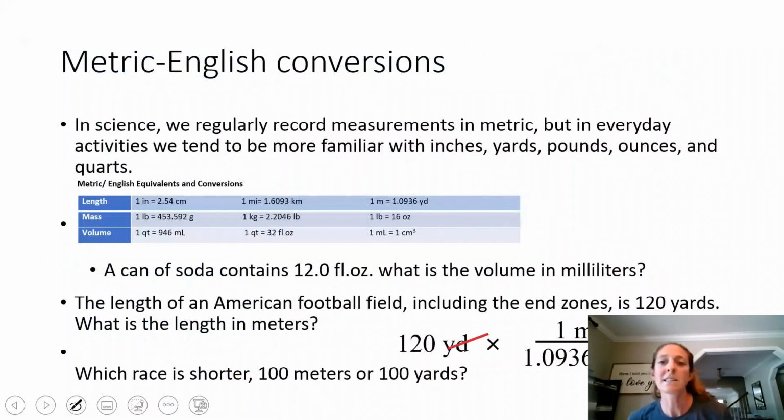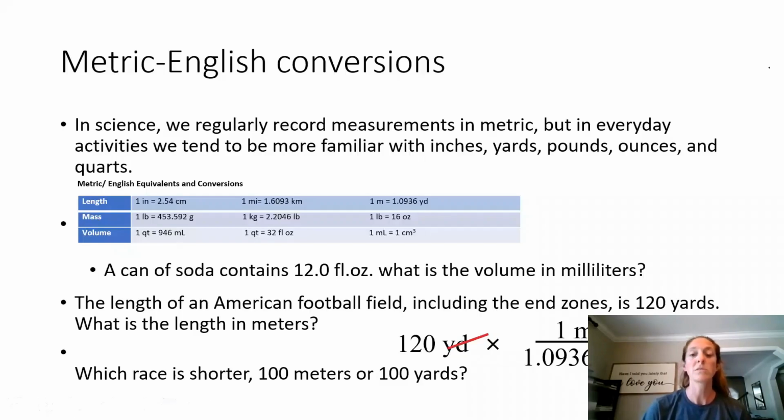Now, in science, we regularly are looking at the metric system, but in everyday usage, we're definitely more familiar with inches, yards, pounds, ounces, quarts, if you're a canner. And so here are some metric and English conversion factors.